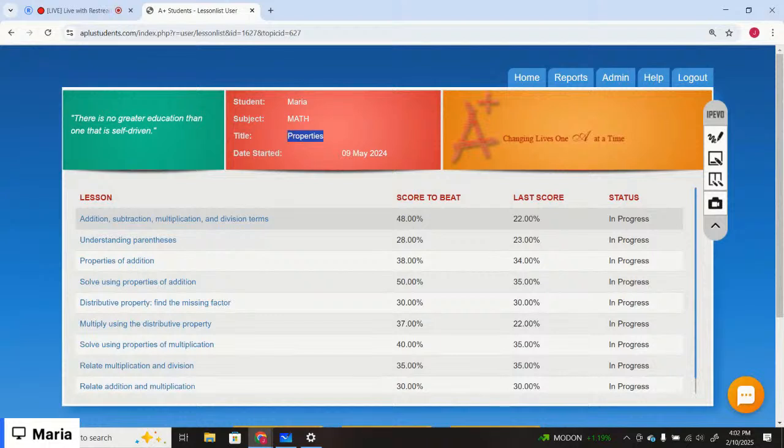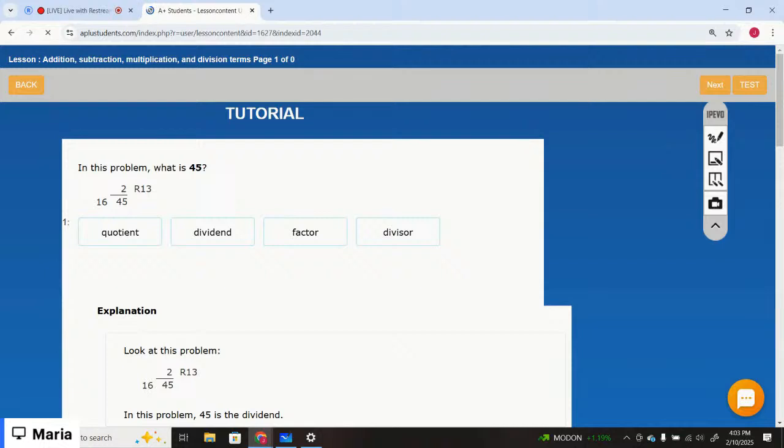So here I'm on grade 3 math. The chapter we are on right now is properties. Let's just start with the first lesson, that is addition, subtraction, multiplication and division terms. In this problem, what is 45? So basically, you are dividing 45 by 16.